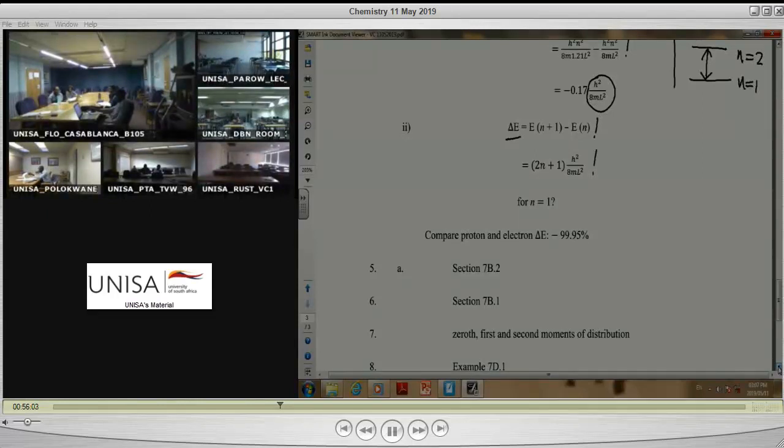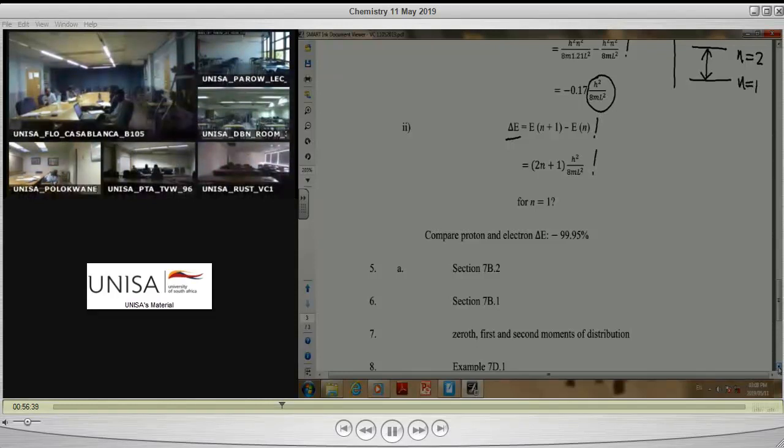In our case, we're talking about n equals 1, because it gives immediately the difference between n equals 1 and 2, isn't it? But our equation can be used again for any other difference. If we wanted between 3 and 4, for n we would put 3. That is the lowest energy level, because the adjacent upper energy level comes then from the equation itself.